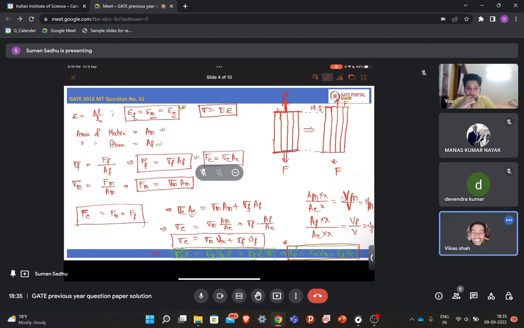Sir, please explain that part of A_m into X by E_c by X, how it was calculated by you. Can you repeat your question? Sir, I want you to explain the part where you were calculating the value of V_m. Okay, okay, this right side, right? Yes, sir.